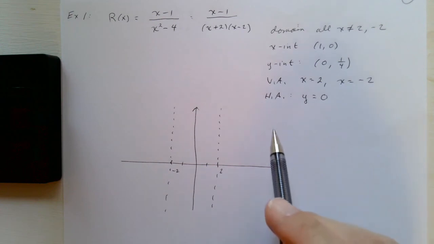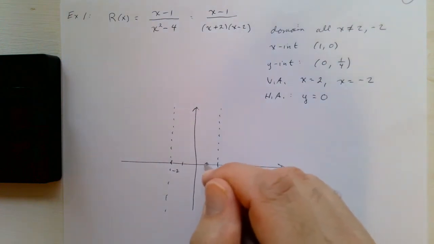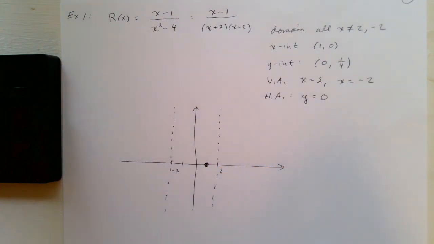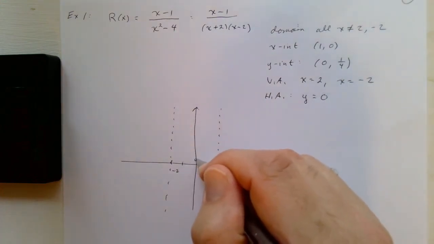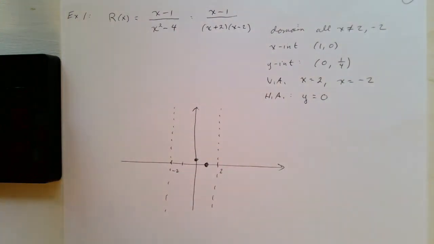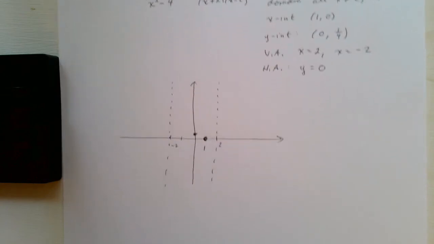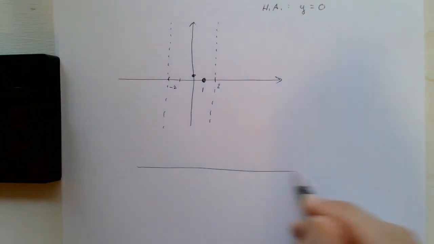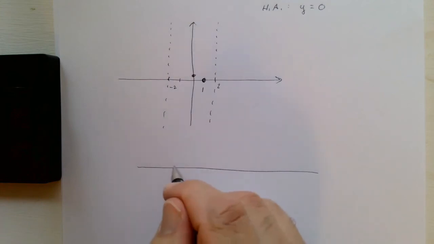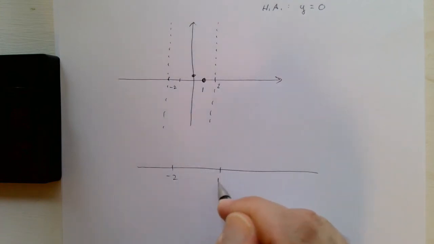We have an x-intercept at 1, and the y-intercept is (0, 1/4). Alright, now we still need to find out where the function is positive and negative. So let's see. We have asymptotes at negative 2 and 2, and an intercept at 1.